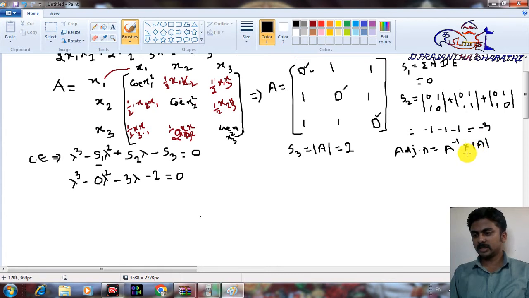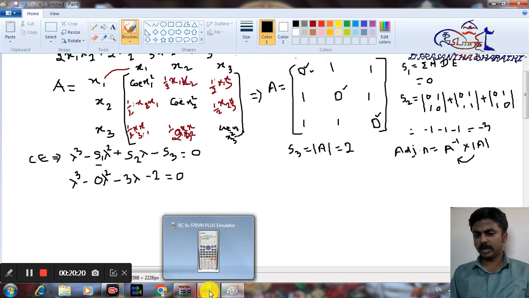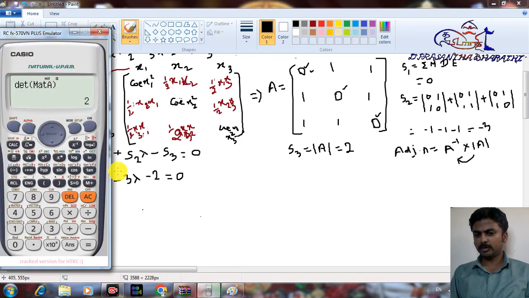Since this is a scalar, we can write it in the front. So determinant of A is 2. Now we want to find A inverse. So shift 4, 3 is given in matrix A, matrix A inverse.